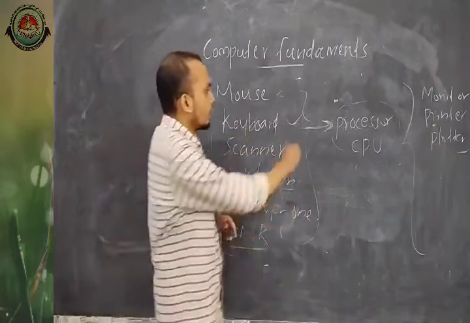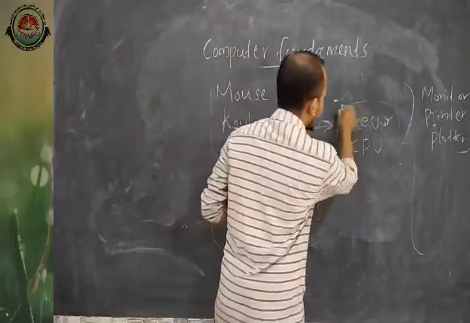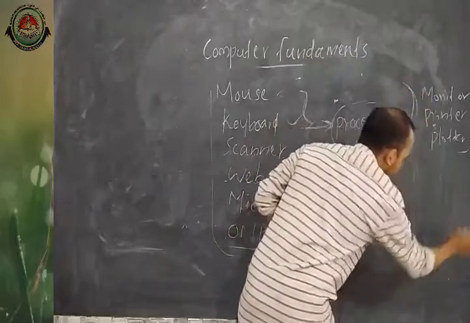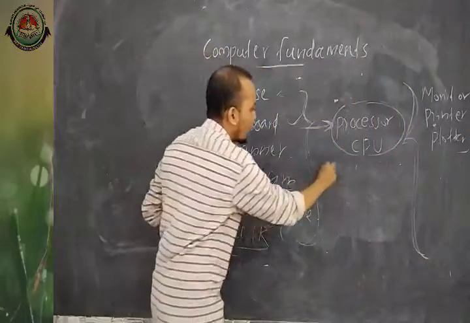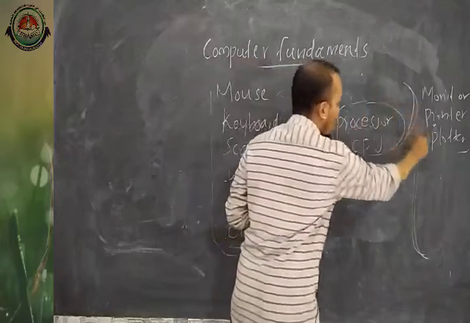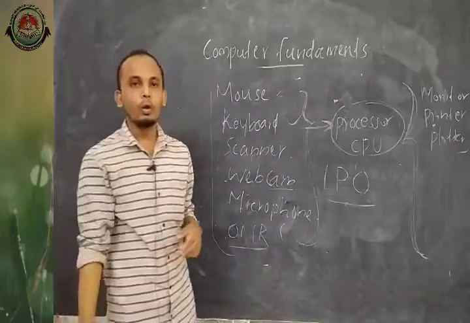Then this is the first stage I, this is the second stage P, this is the third stage O. That means I for input, P for process, O for output. That is called IPO cycle.